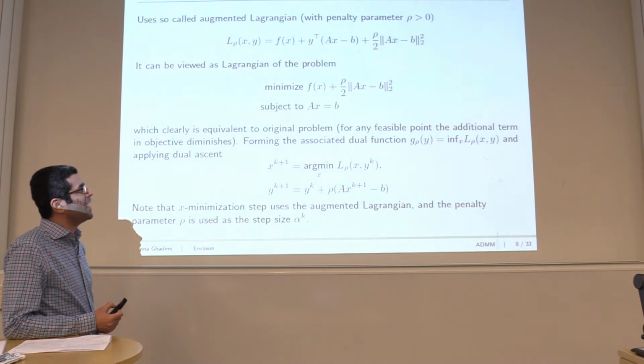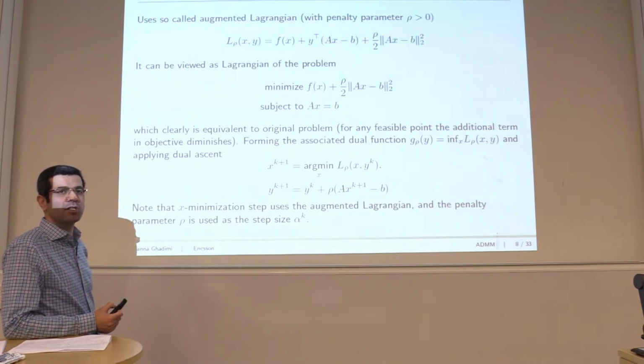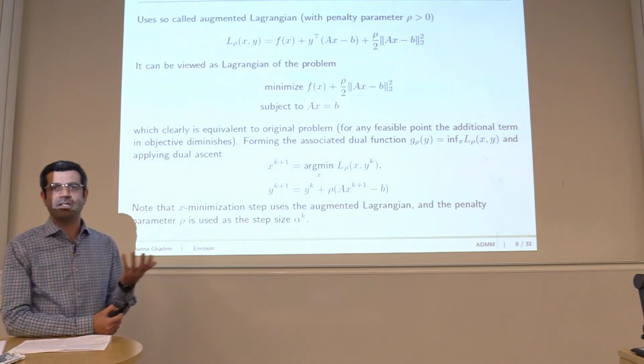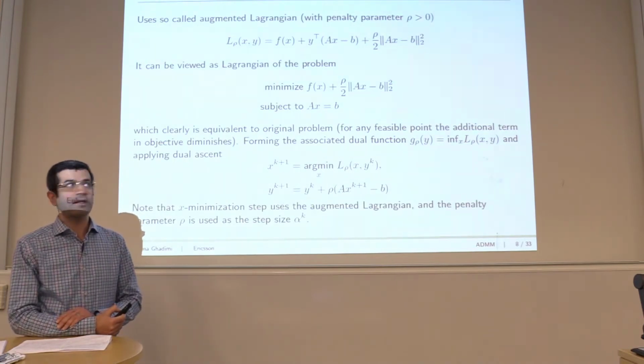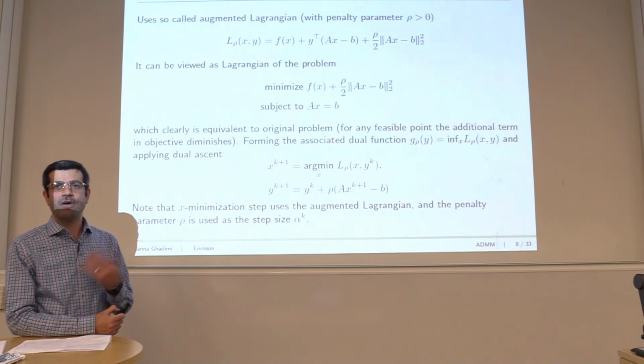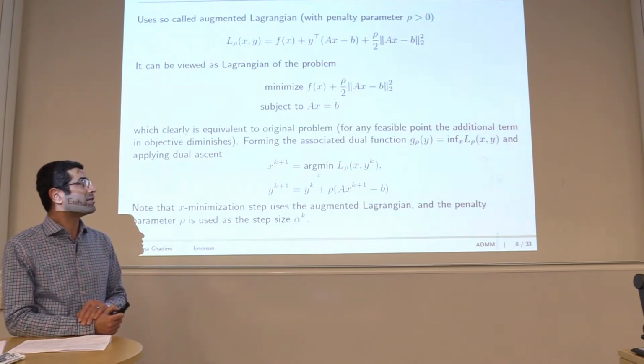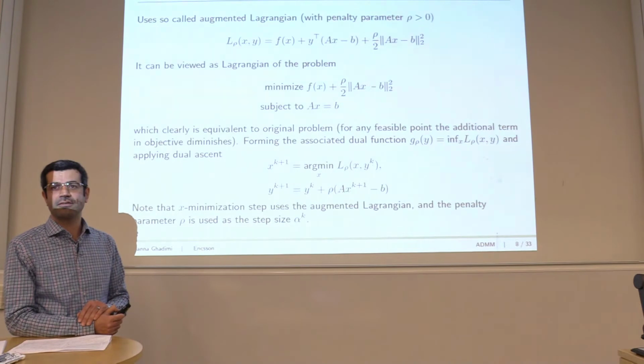And if you want to go back and see that, okay, if I wanted to apply the same Lagrangian technique, how can I transform my original problem so that I end up with the same effect? It's the same as transforming your original problem by adding this additional cost. So it looks silly, right?